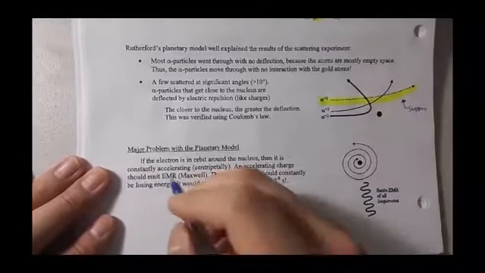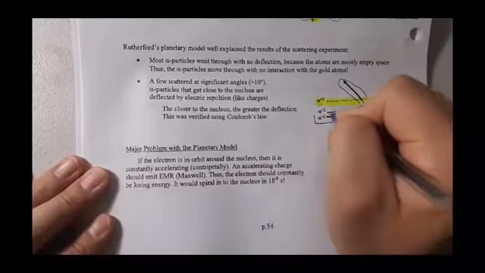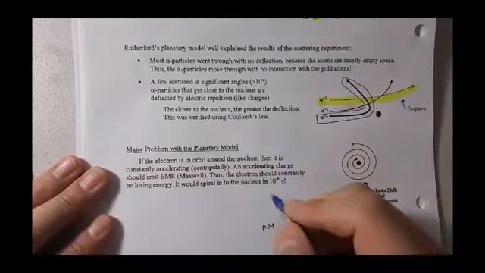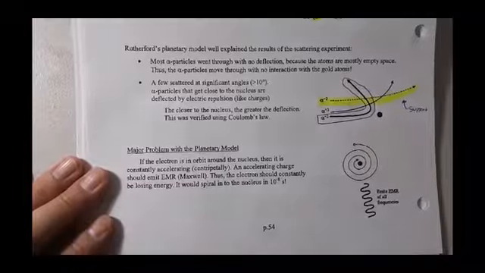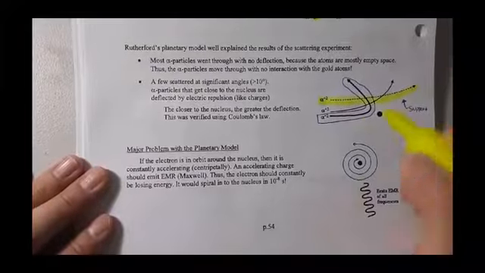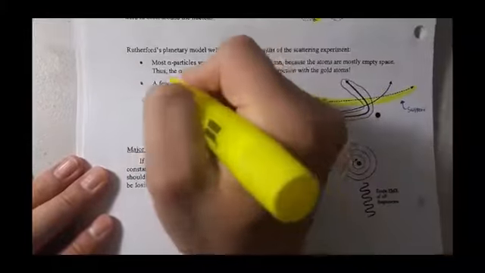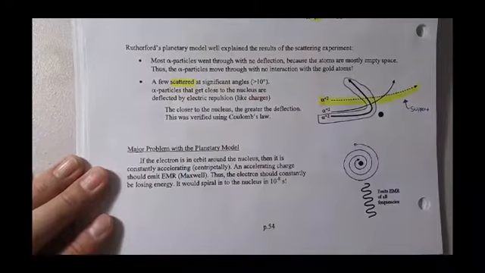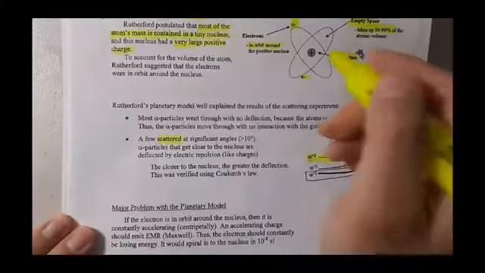The one thing that doesn't support Thomson is the one that bent almost back. This scattered alpha particle is one of the reasons why Rutherford thought that there must be a really dense core center, like a nucleus.